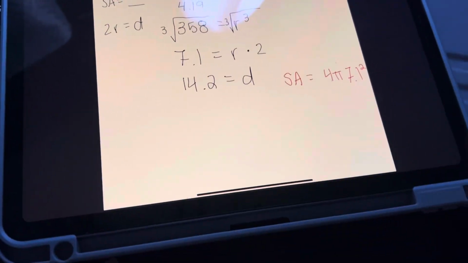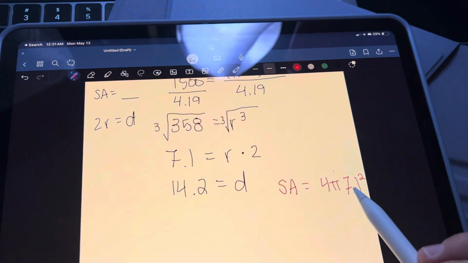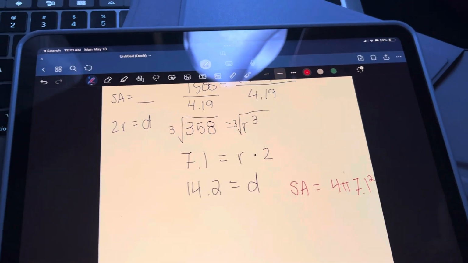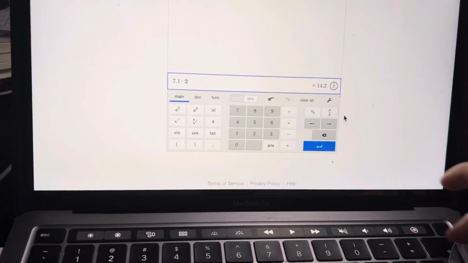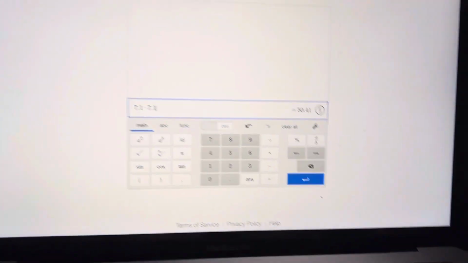Okay. So now with that, we can try to get this out the way, which is 7.1 to the second, 7.1 times 7.1, which is 50.41. Put that over here.